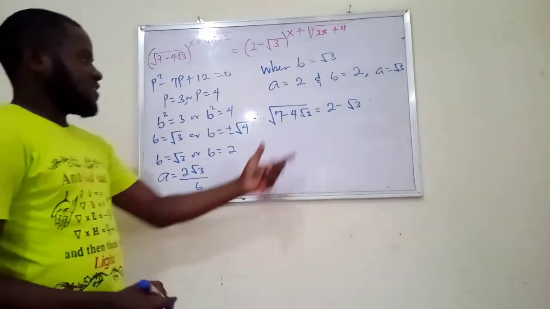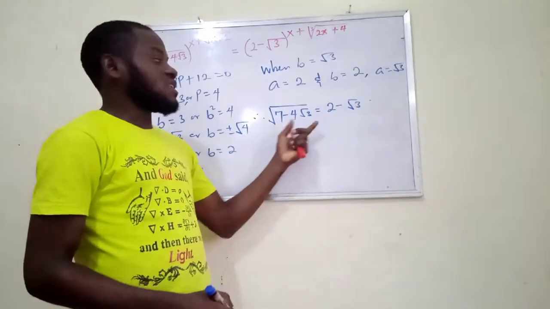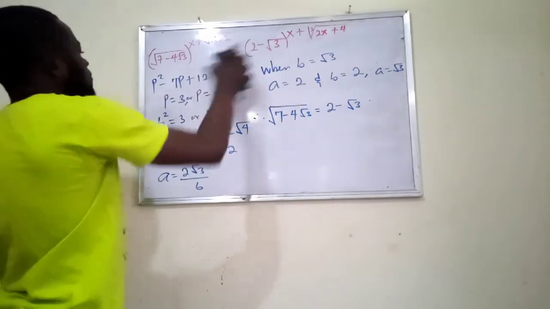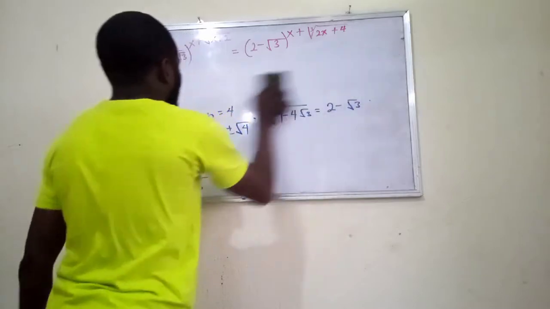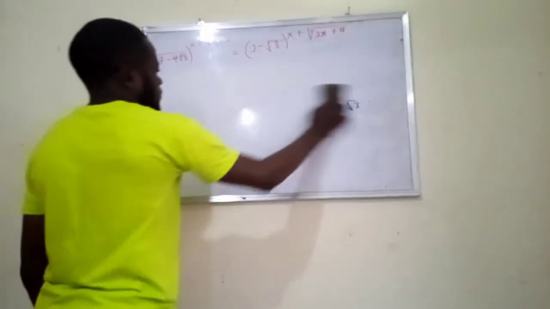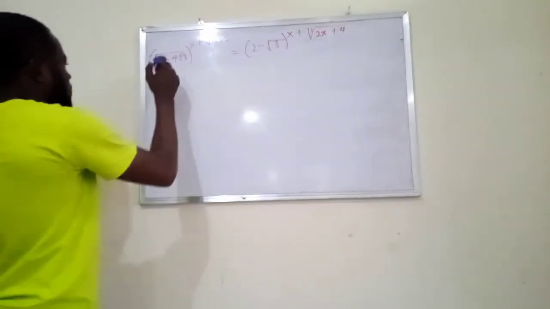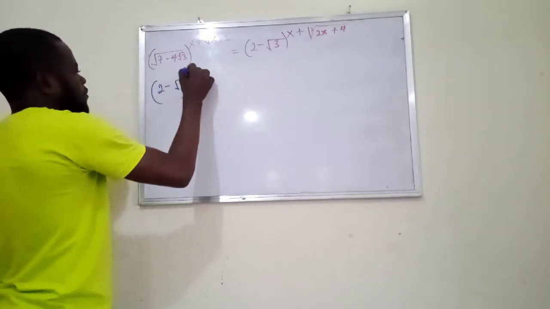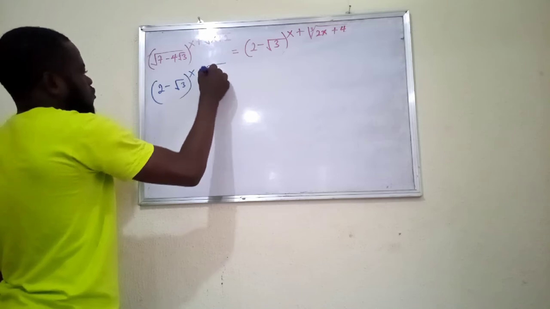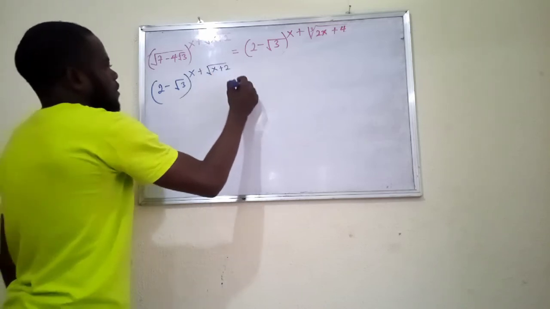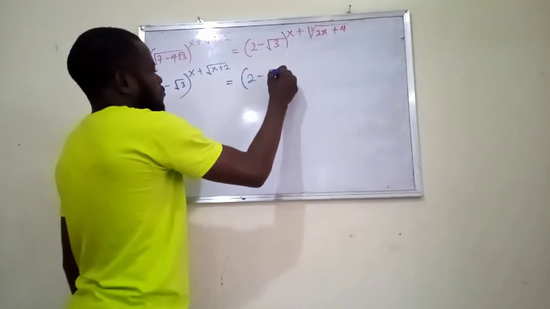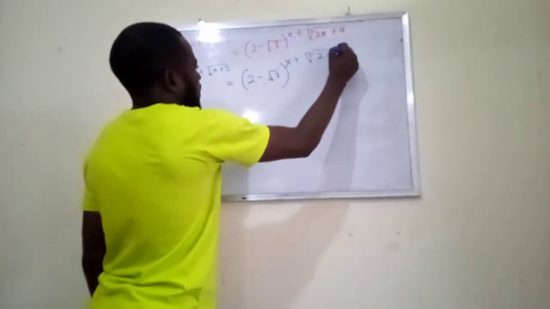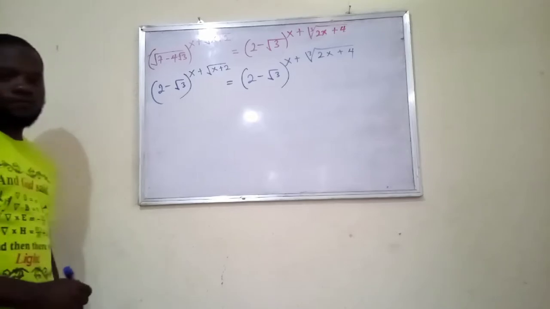Okay, if the square root of 7 minus 4 root 3 equals 2 minus root 3, then we can rewrite this equation to become: 2 minus root 3 all raised to the power of x plus the square root of x plus 2 equals 2 minus root 3 raised to x plus the cube root of 2x plus 4.